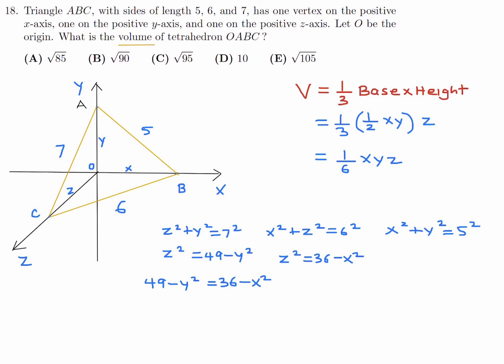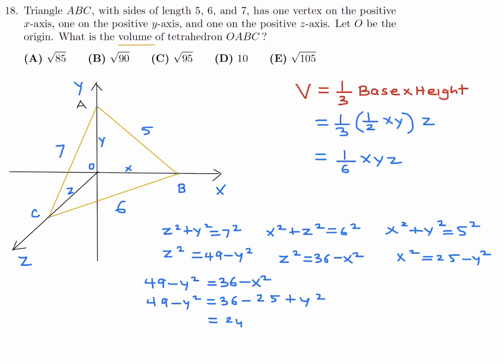Yeah, all I have to do is just substitute for one variable now, and that's where this one comes in. I can just isolate for x squared here, 25 minus y squared, and then substitute that into here, and that should allow me to solve for y. So I got 49 minus y squared is equal to 36 minus x squared. So that's going to be minus 25 plus y squared.